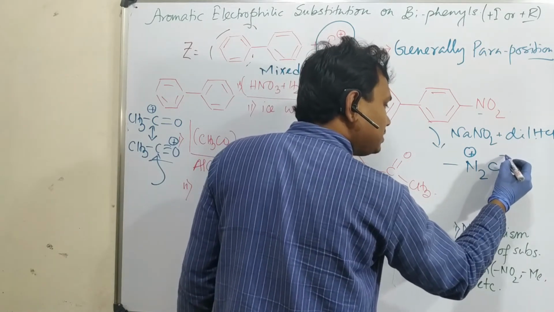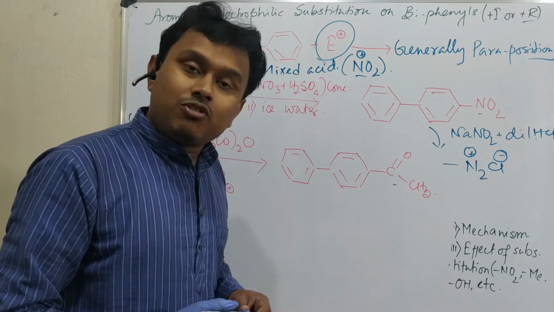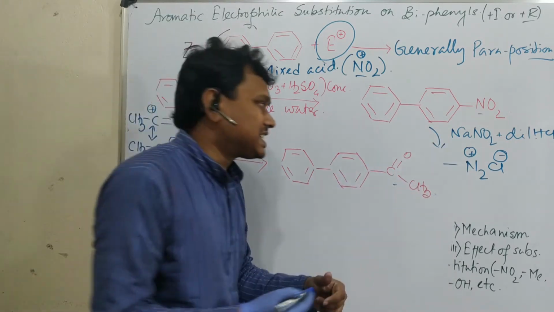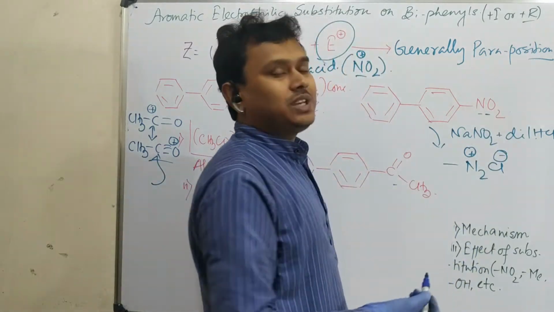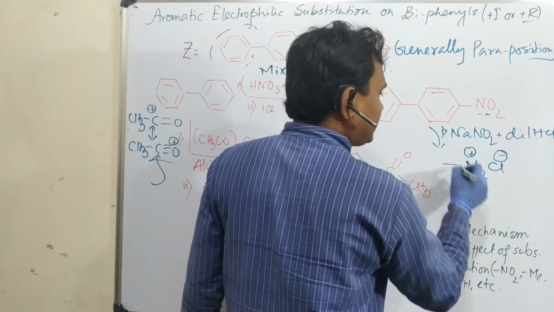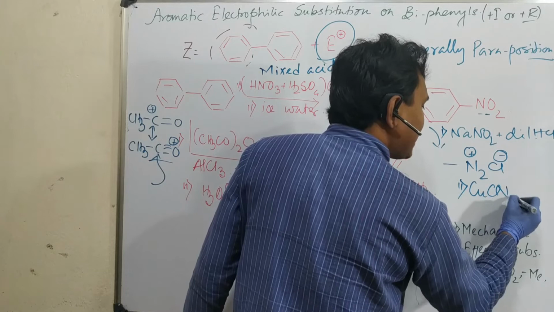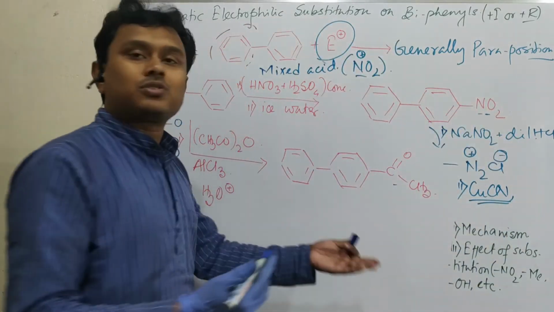In this context, I want to mention that I have already made a video about the basic concept and preparation of diazonium salt. Okay, you may go through it for detailed understanding. Fine. This is nitro diazonium, and if you have diazonium, then in the second step you can take Cu plus cyanide and ultimately result in cyanation, then carboxylation.